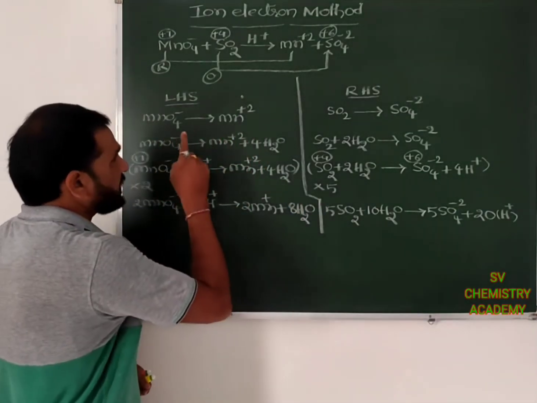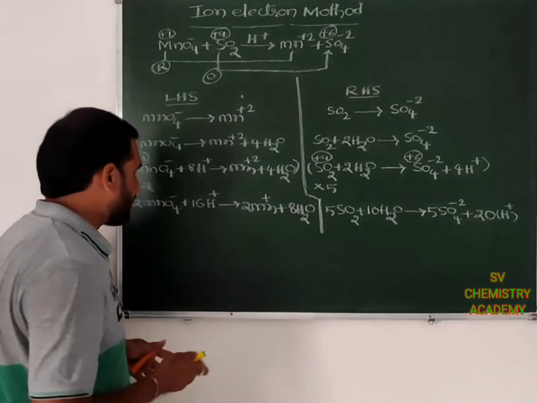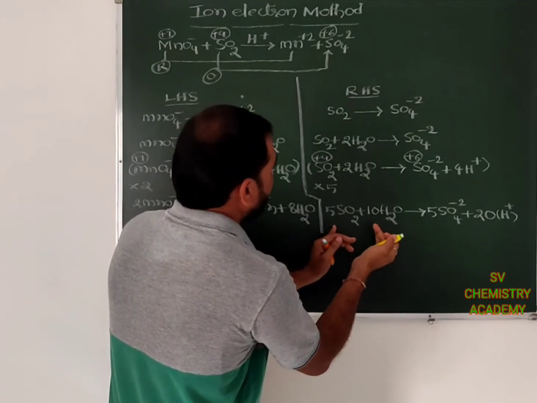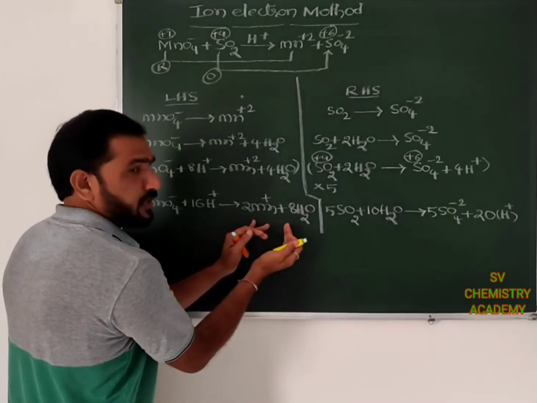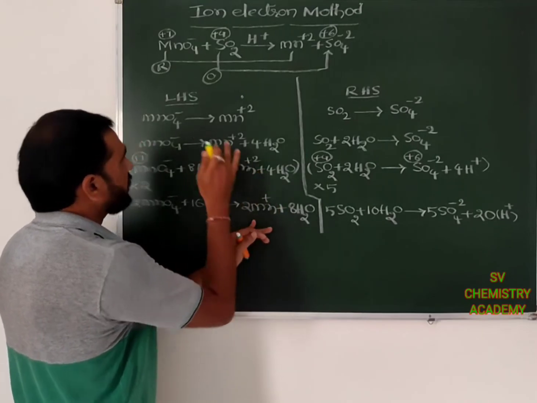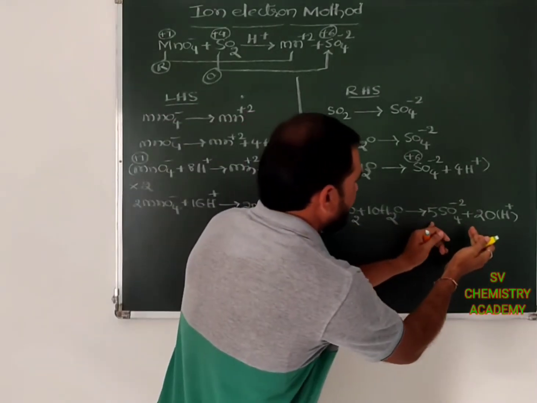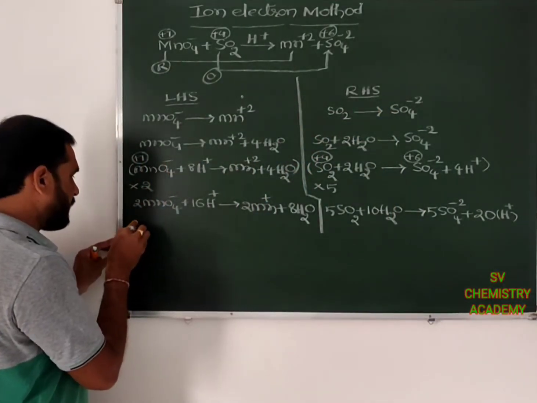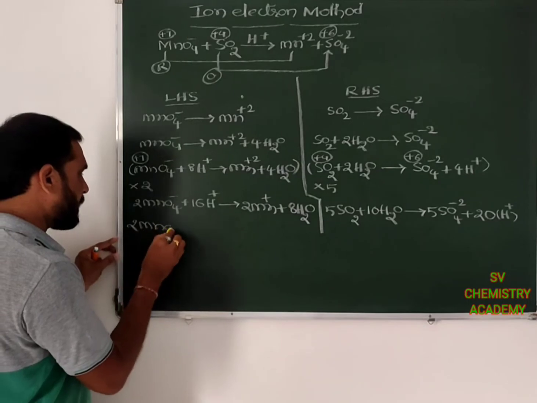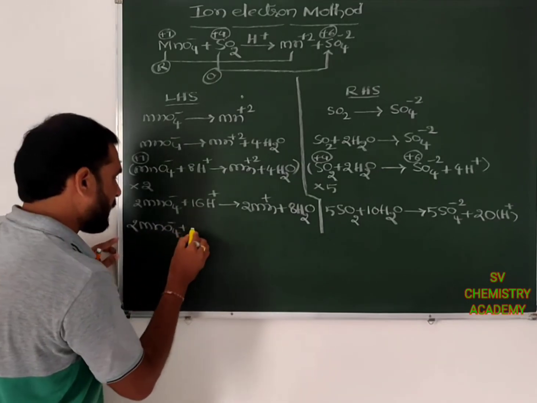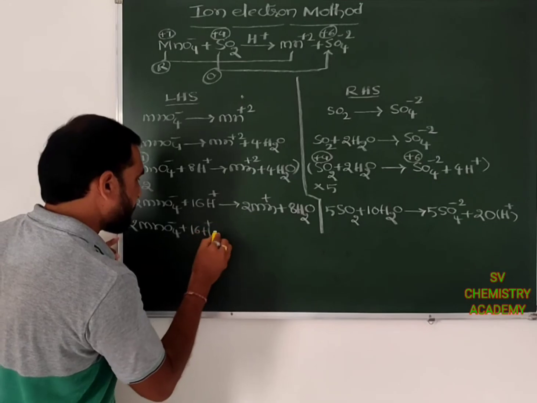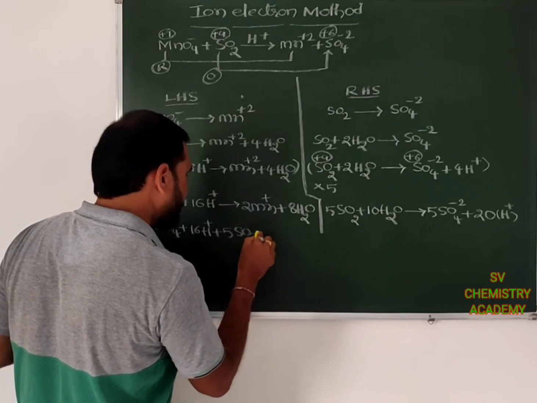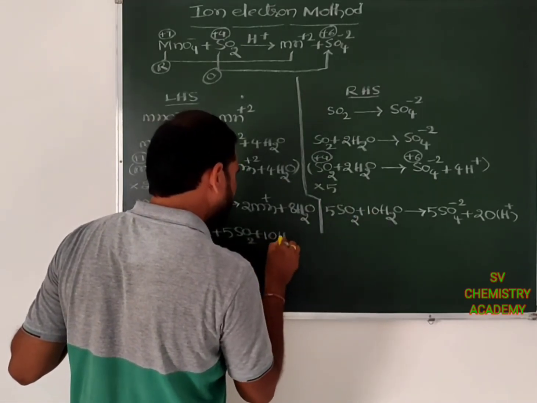After that, merge the reactions. Both RHS and LHS merge together. Therefore, the left side part of the LHS plus the left side part of the RHS, then gives rise to the right side part of the LHS, then the right side part of the RHS. Like that we can match. So here we have 2 MnO4 minus plus 16 H plus plus 5 SO2 plus 10 H2O.